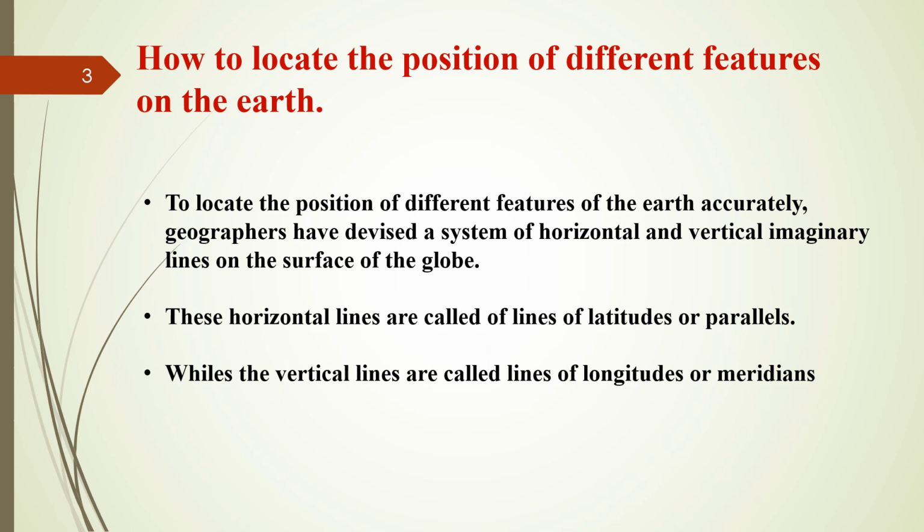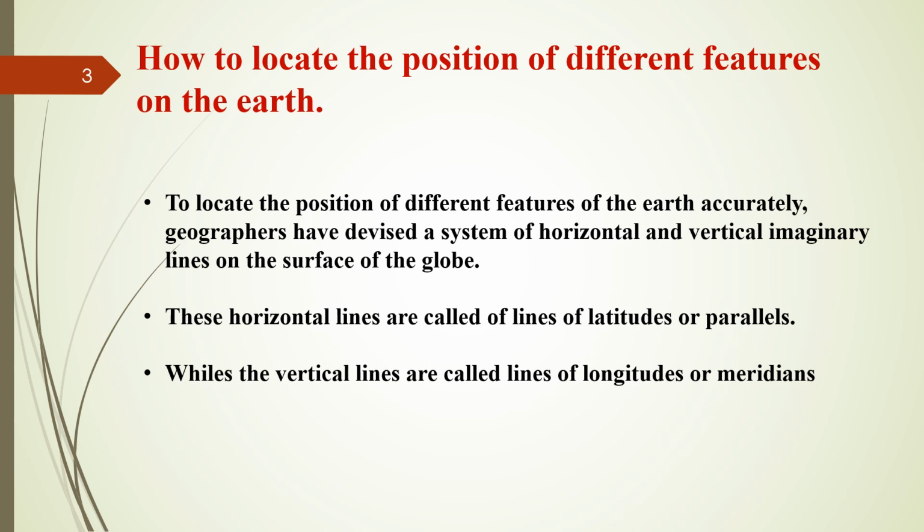Listen carefully, children. Now you want to locate the position of different features on the earth. In other words, how to locate the position of different features on the earth. To locate them accurately, geographers have devised a system of horizontal and vertical imaginary lines on the surface of the globe.